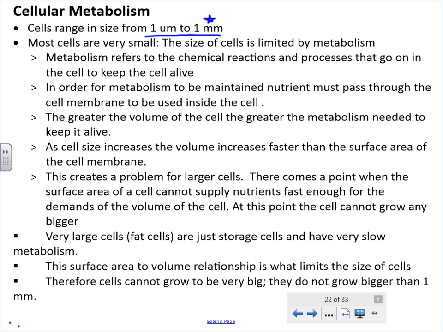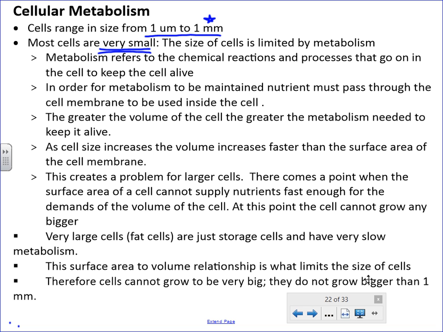And if you're thinking about how that's not even half a millimeter and you could see 100 cells, you get an idea of how small each of those cells really is. So most of them are very small. So usually we measure the size of a cell in micrometers because most cells are so small that a millimeter is too big to measure them.